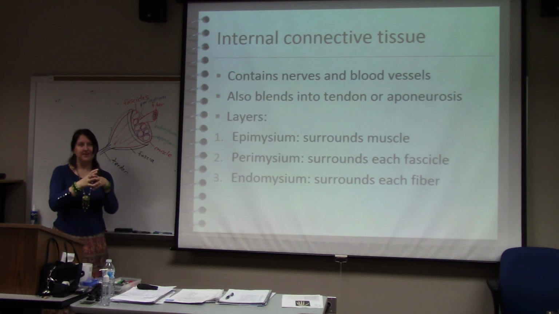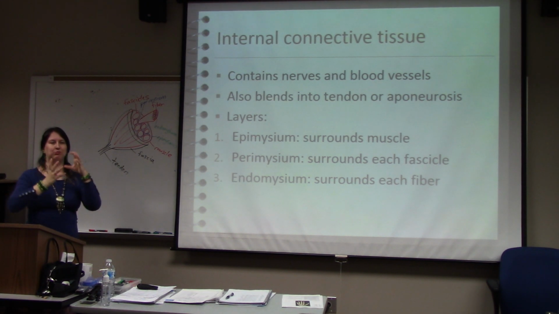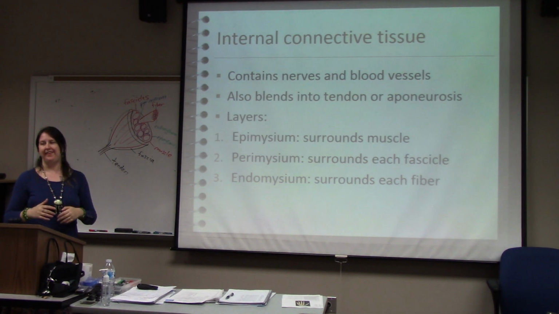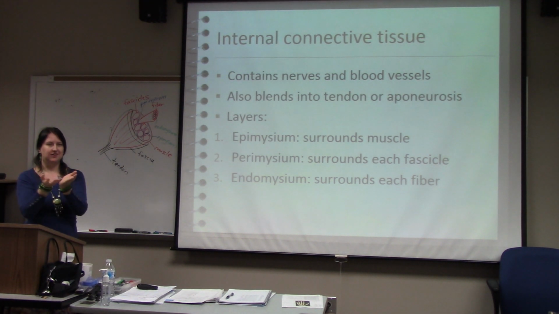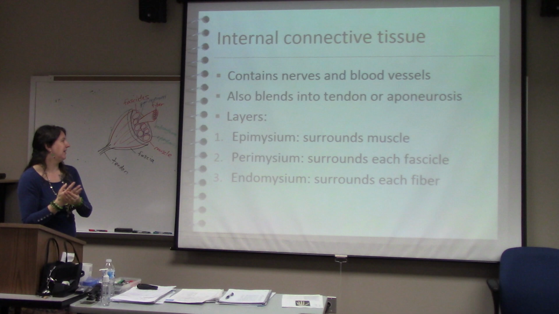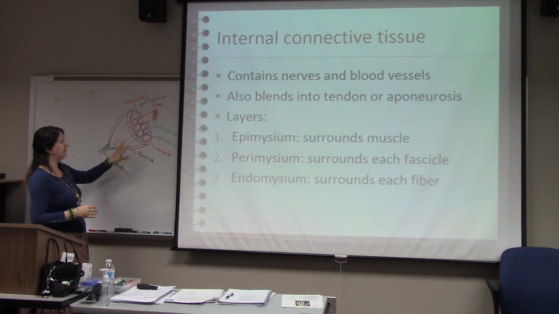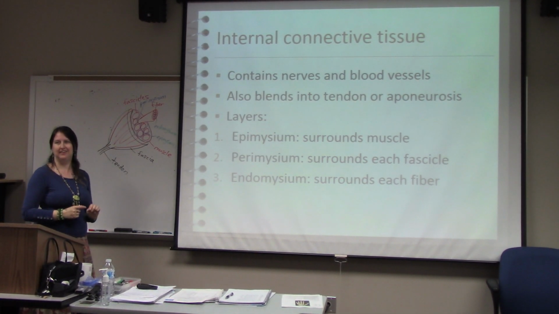So we have endo inside, peri around, but it's around each fascicle, not around the whole muscle. And then epi, which is on the whole muscle. Okay. But again, it's woven in, and then the fascia is outside that.